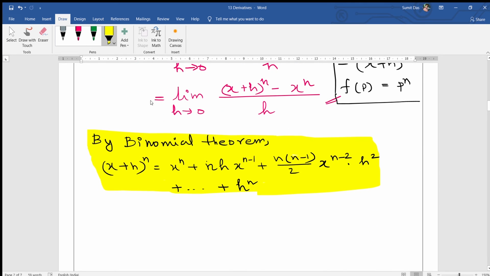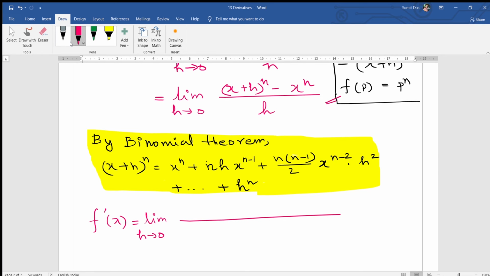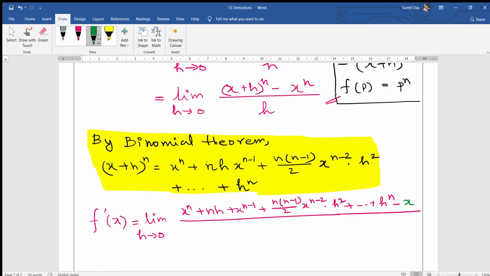But for now, f dash x equals limit h tends to 0. Instead of x plus h to the power n, I will write the expansion: x to the power n plus n h x to the power n minus 1 plus n into n minus 1 by 2 x to the power n minus 2 into h square, and so on up to h to the power n, minus x to the power n.